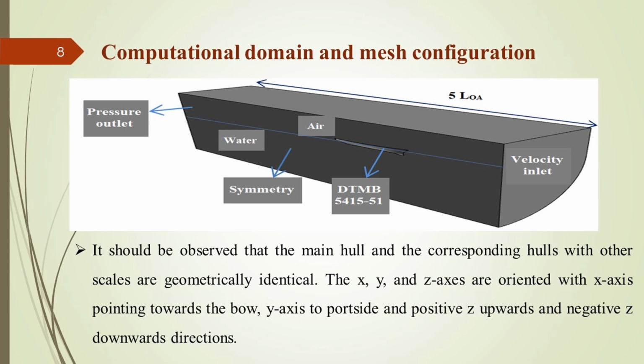In this slide, we show the computational domain and the mesh configuration. This is the domain, its length is 5 times the overall length of the DTMB, and the breadth is the same length as the DTMB, and there are 2 partitions, subdivisions, air and water.